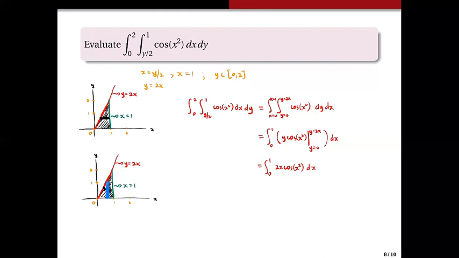If we integrate this, we'll just have sine x squared. Then we evaluate this from x equals 0 until x equals 1. So the final answer here is just sine 1 minus sine 0. But sine 0 is equal to 0. So this is our final answer.